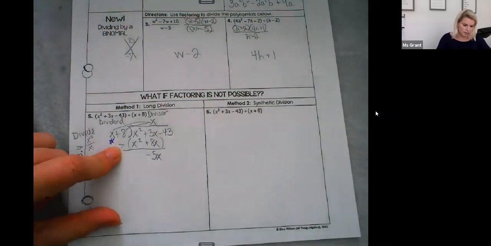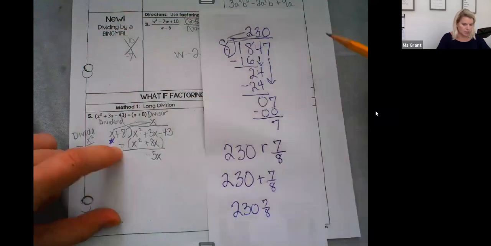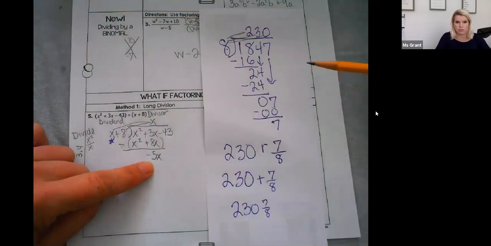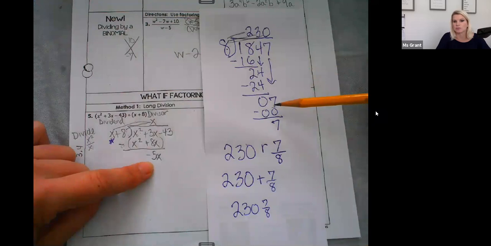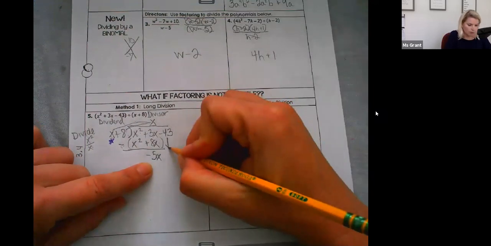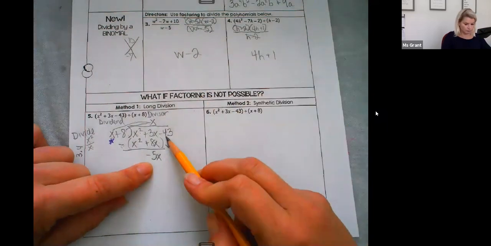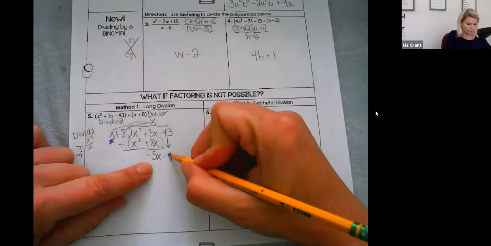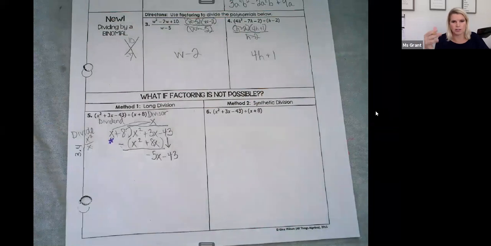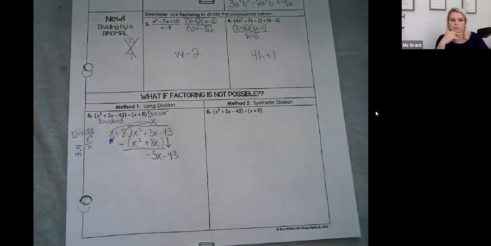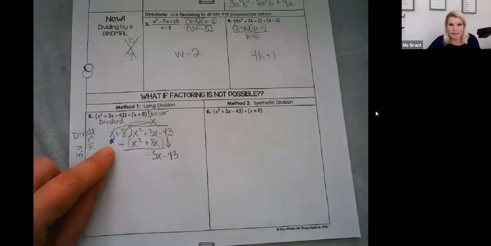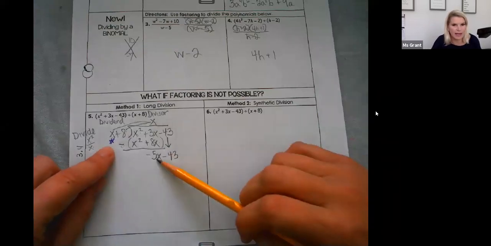Now, just like in my division problem, when I'm just sitting here with just a number, I bring down the next item. I'm going to bring down the negative 43. So it's like subtraction or negative. Now I am going to divide this purple star x into 5x and see if it goes in.